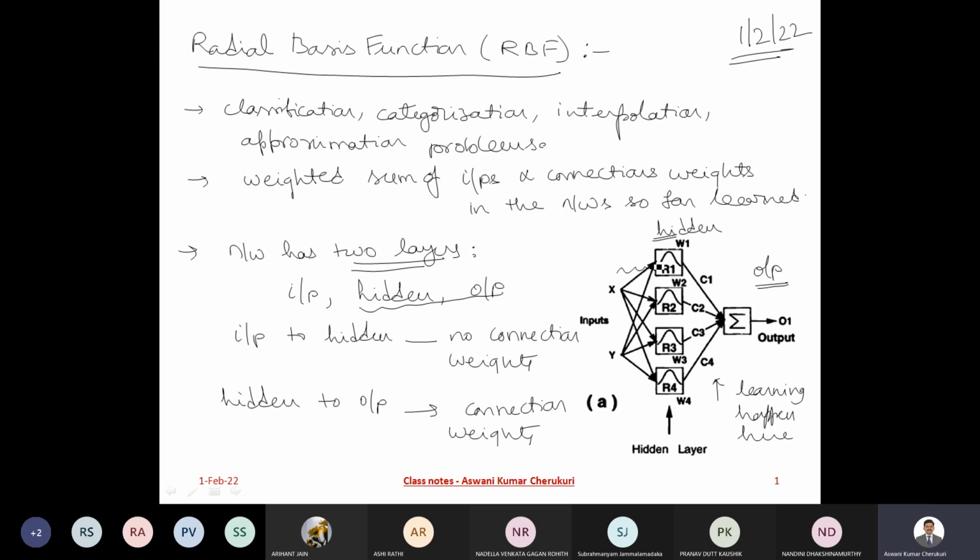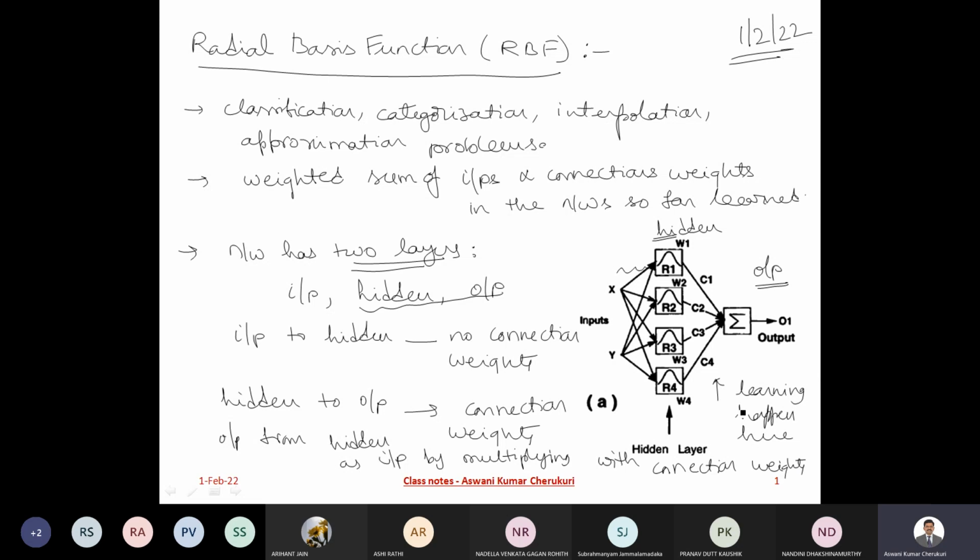But since you have connection weights between hidden and output nodes, the output from hidden goes as input by multiplying with connection weights, as usual.